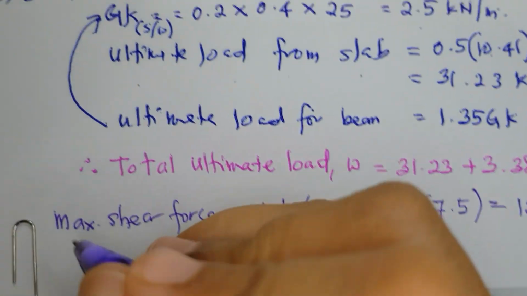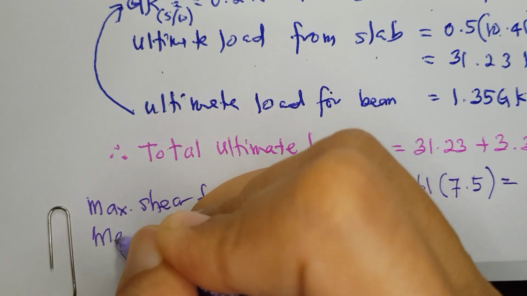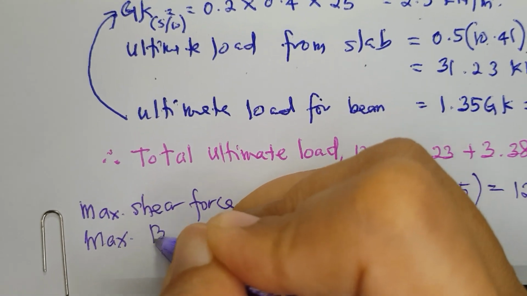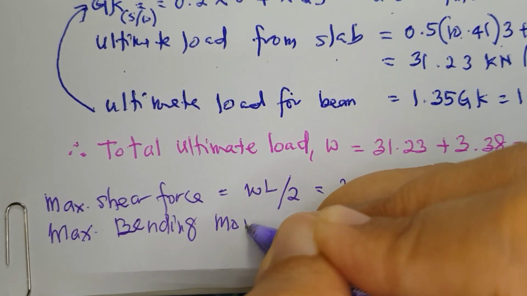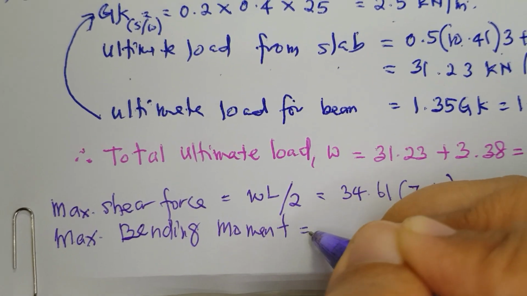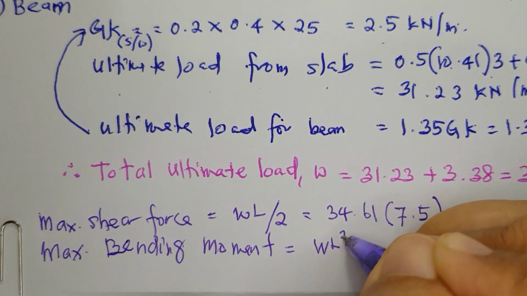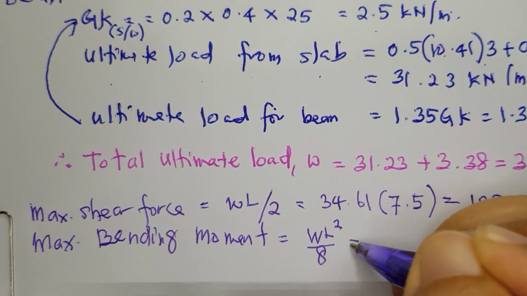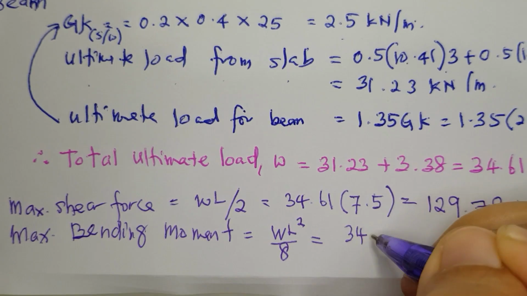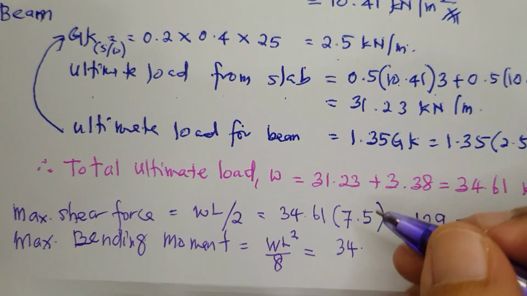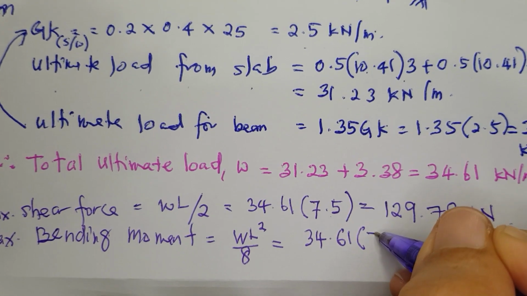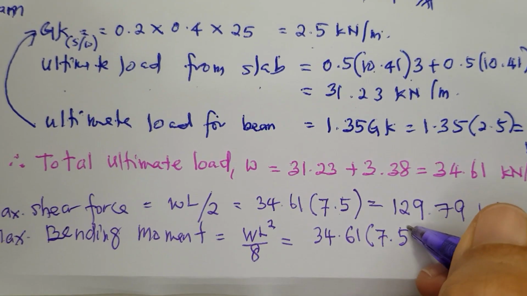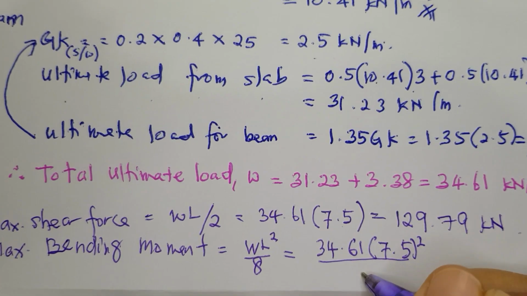Meanwhile, for the maximum bending moment, it is WL power of 2 divided by 8. 34.61 multiplied with the length of the span of the beam, power of 2, divided by 8.